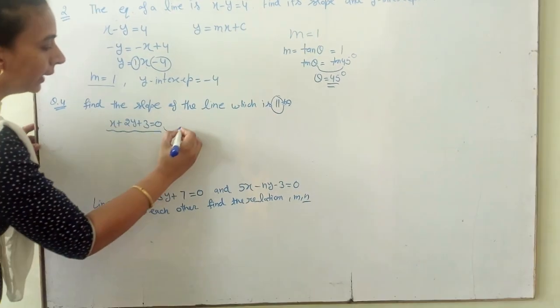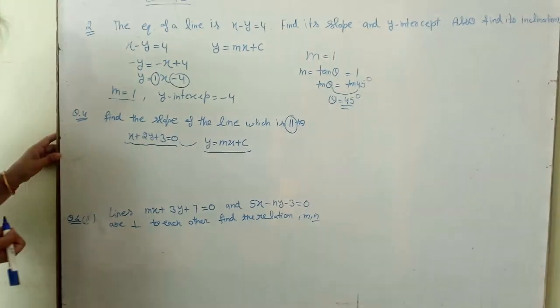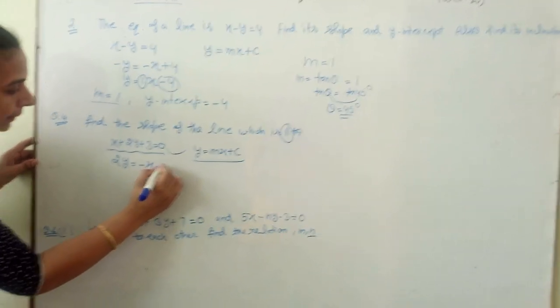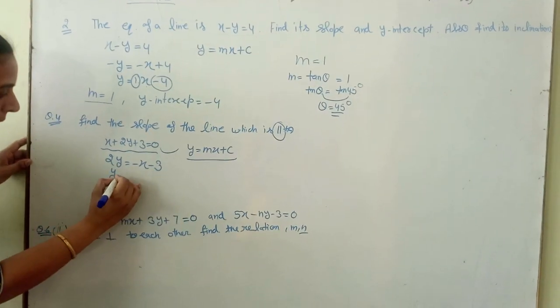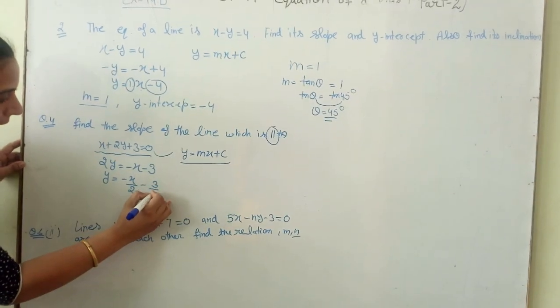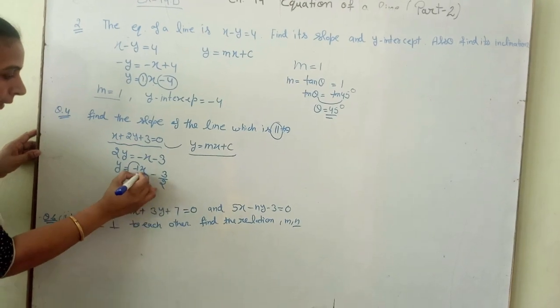First we convert into y equal to mx plus c form. So 2y equal to minus x minus 3. Then y equal to minus x by 2 minus 3 by 2. Then the coefficient of x is minus 1 by 2.